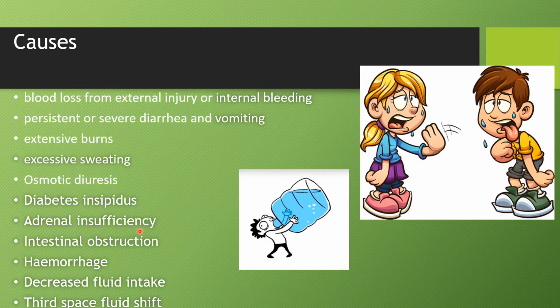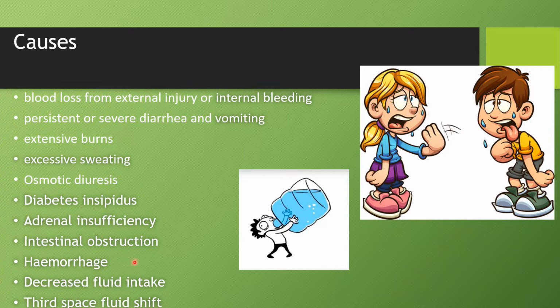Then adrenal insufficiency. The adrenal gland secretes hormones, aldosterone and cortisol, which maintain the electrolyte balance. If they are not secreted properly, there will be insufficiency of fluid. Then intestinal obstruction.